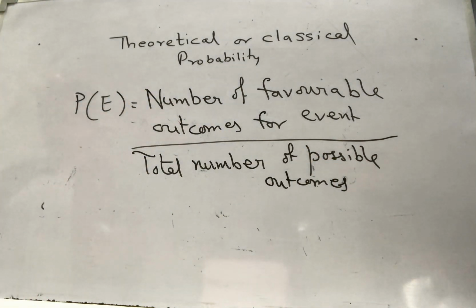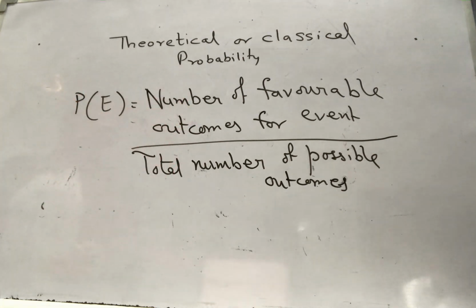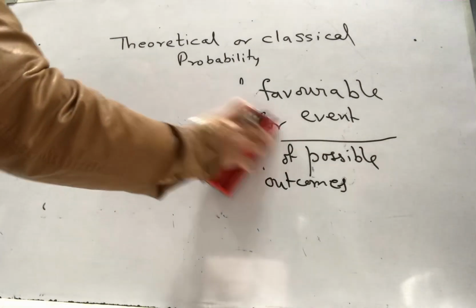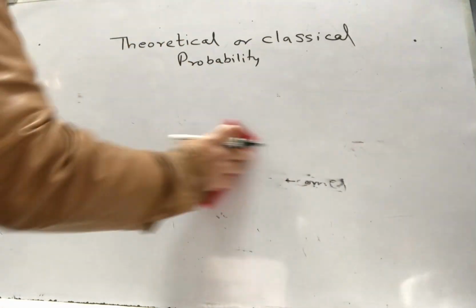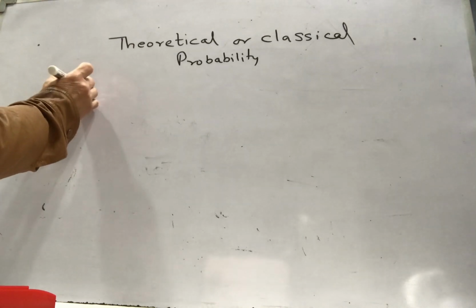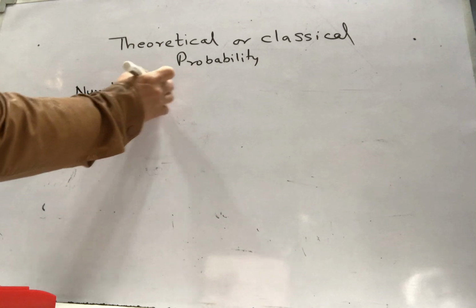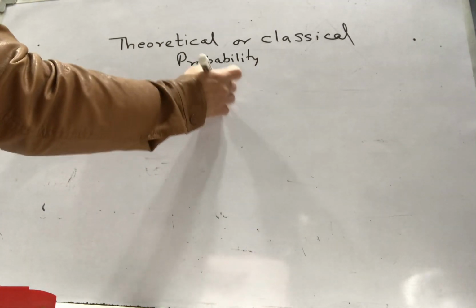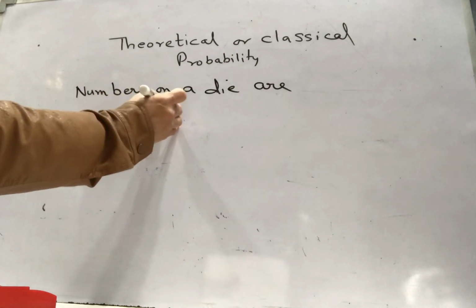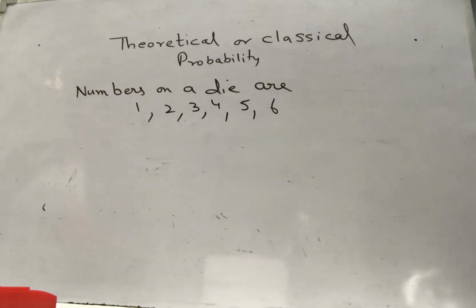Let's take one example to check favorable outcomes and the total number of possible outcomes. If I am talking about a die, what numbers are seen on a die? Numbers on a die are 1, 2, 3, 4, 5, 6.